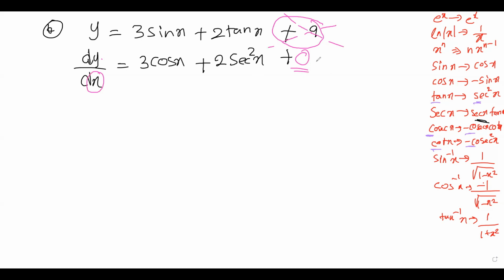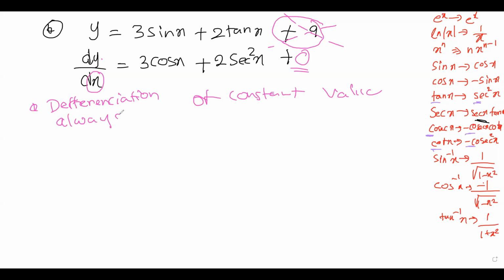When you have a constant value, the differentiation of the constant value always becomes 0.